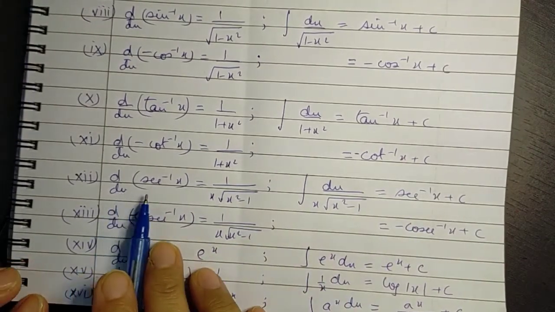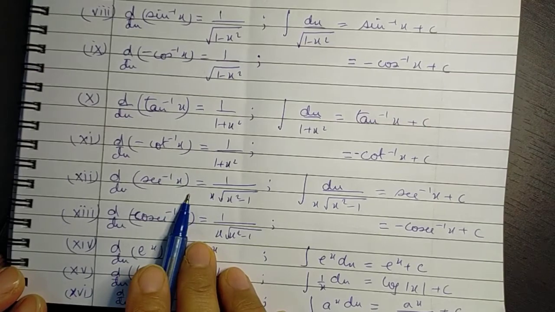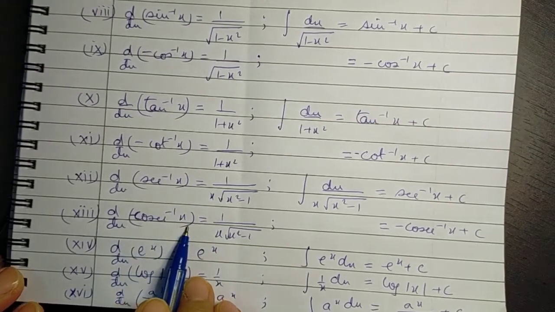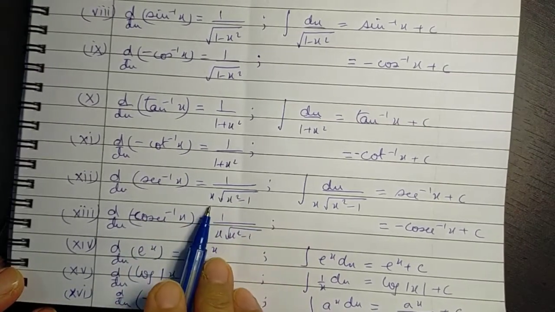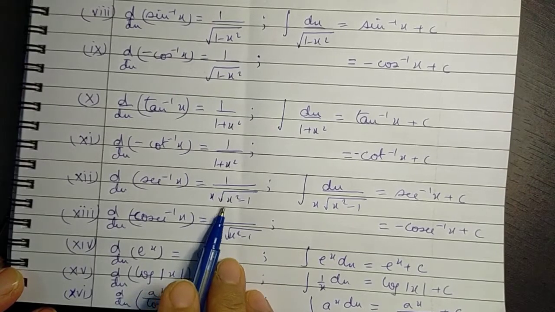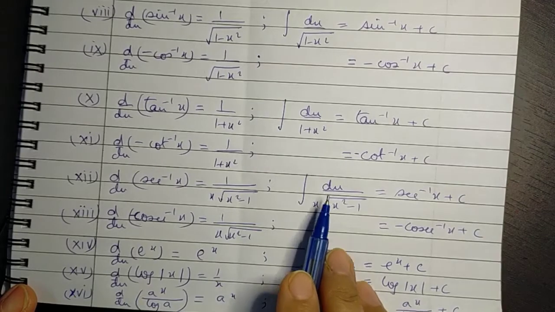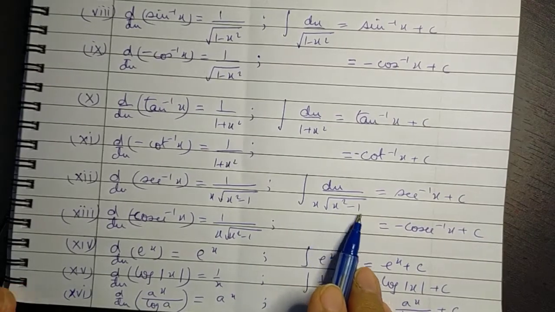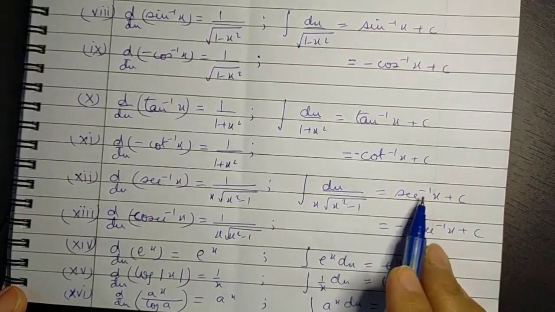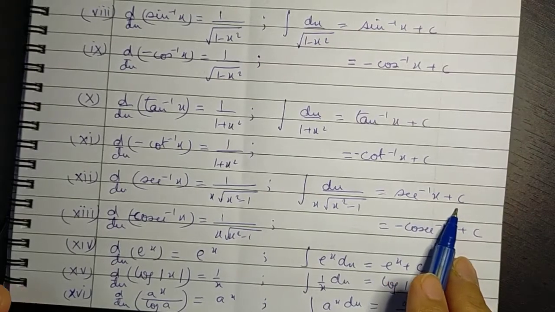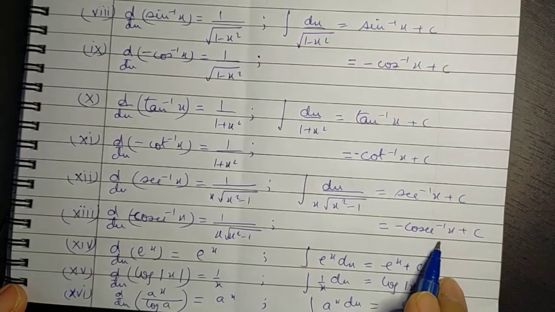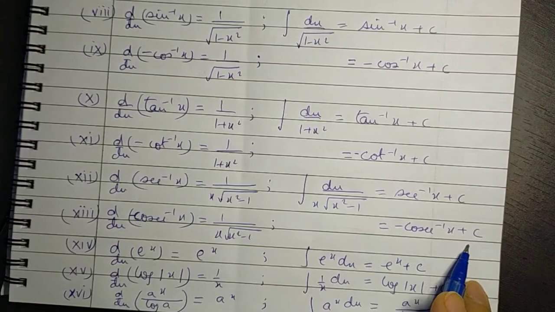Again, the derivative of sec inverse x and minus cosec inverse x is the same, which is 1 upon x under root of x squared minus 1. And so the integral of 1 upon x under root of x squared minus 1 can be either sec inverse x plus c or minus cosec inverse x plus c.